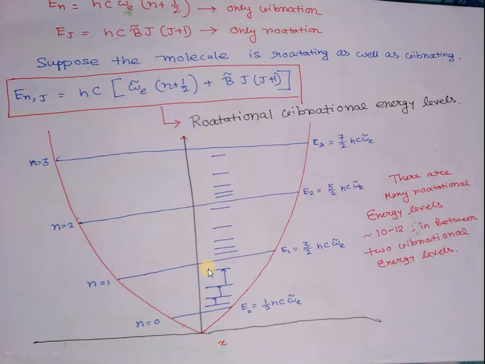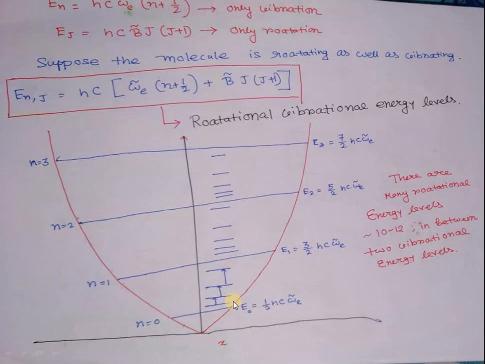Now between the two vibrational energy levels, there can be many rotational energy levels. So you can see there are approximately 10 to 12 rotational energy levels present between the two vibrational energy levels.